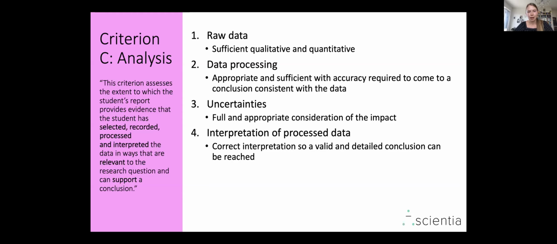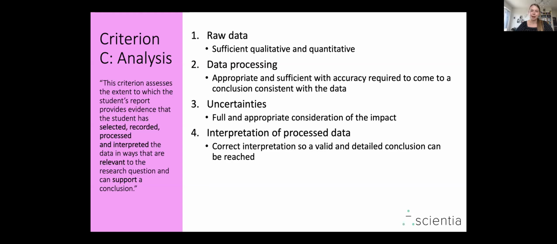Then data processing should be appropriate to the raw data that you have and the investigation, and should be accurate enough to come up with a conclusion that's consistent with the data. In terms of uncertainties, you should consider these and write them like in your methodology if there's any equipment uncertainties or any other uncertainties, and also consider the impact of these.